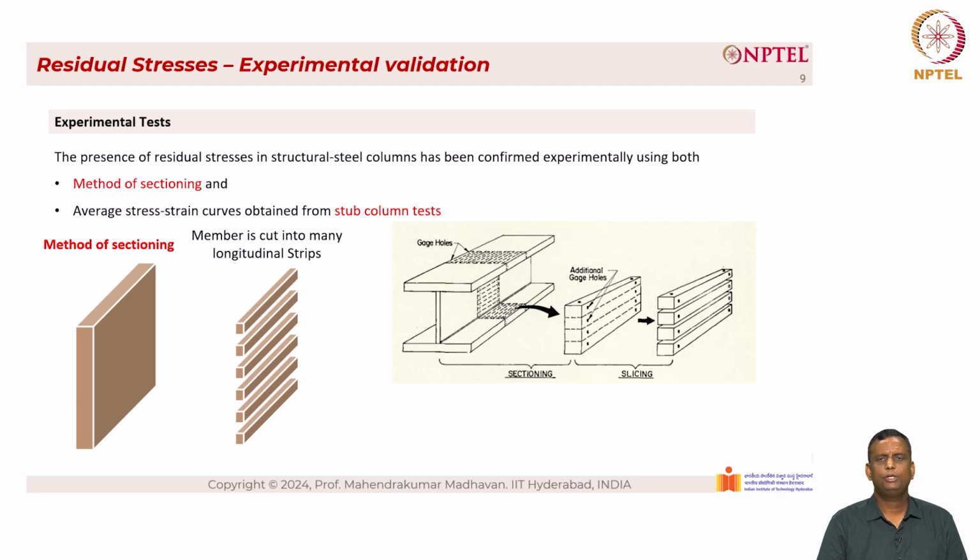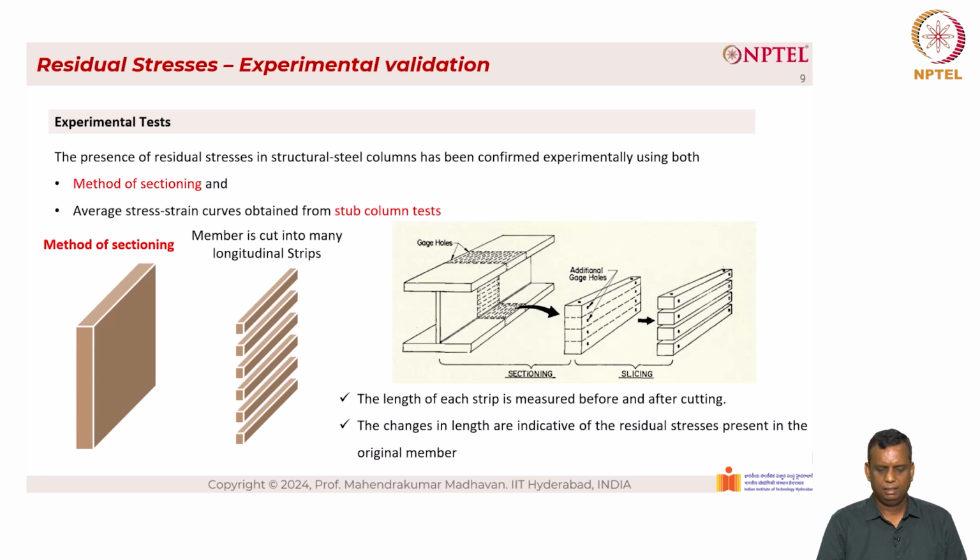Prior to that, you need to put gauge holes at the locations, and then you section the material. After sectioning the material, you have to put additional gauge holes and you have to slice the material as shown in the picture. The length of each strip is measured before and after cutting. The changes in the length are indicative of the residual stresses present in the original member.